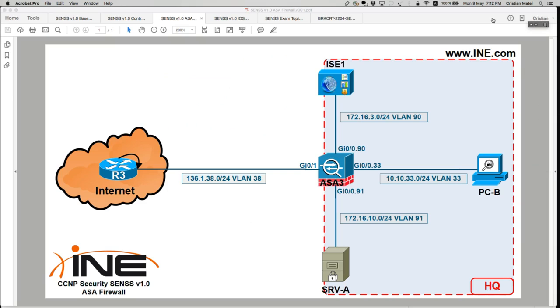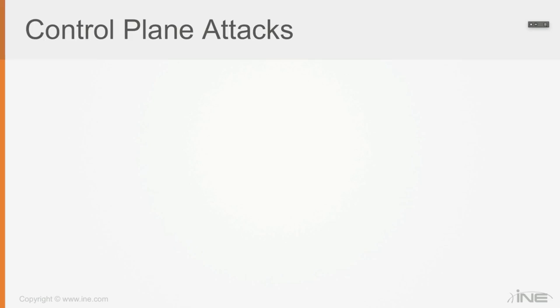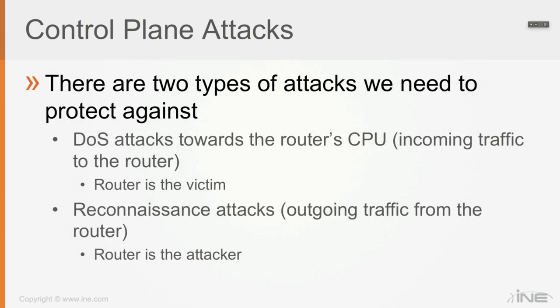And then secondly, we have pretty much two types of attacks we need to protect against from a router's or a switch's or any kind of device's point of view. First, denial of service attacks, which are going to be targeting the router's CPU, which is going to be incoming traffic to the router. So in that case, the router is the victim.